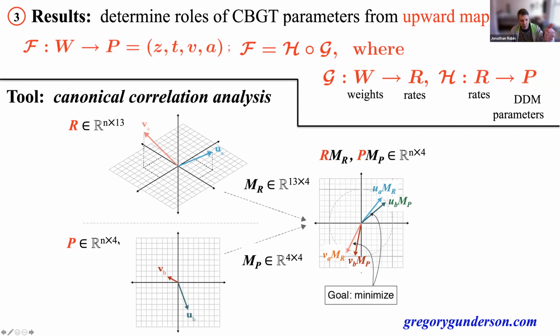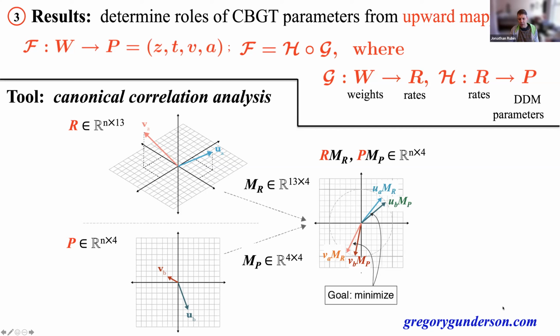For each one of those trials, we have our one DDM parameter set. CCA looks for projections and vectors in the data space such that under those projections, you get the strongest alignment between the images of these vectors coming from the parameter space on one side and the rate space on the other side.